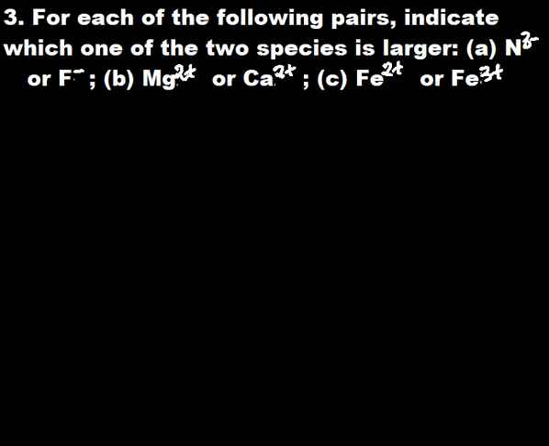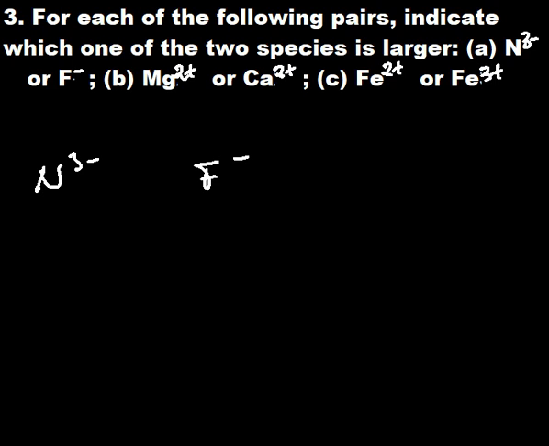So now let's consider this kind of question. For each of the following pairs, indicate which one of the 2 species is larger. In A we have the nitrogen ion N 3 minus, and the fluorine ion, F minus.